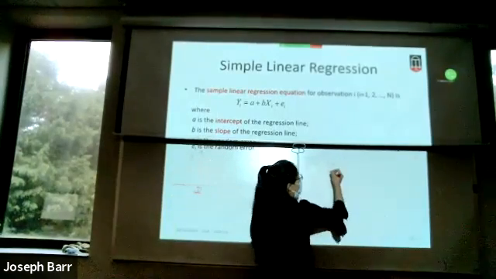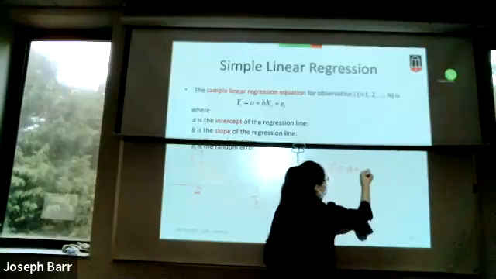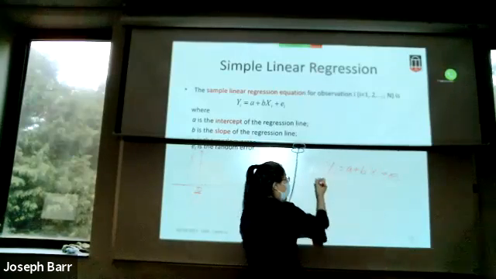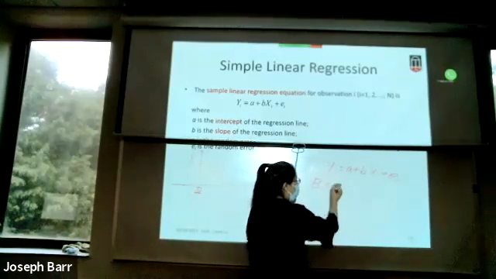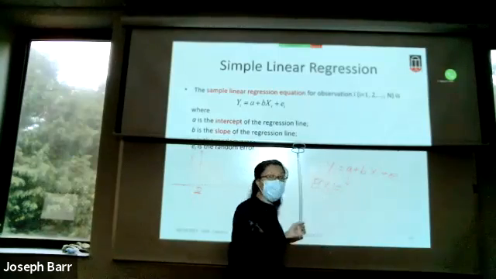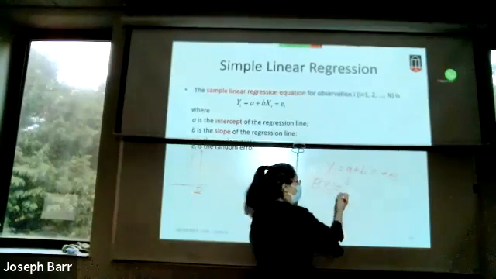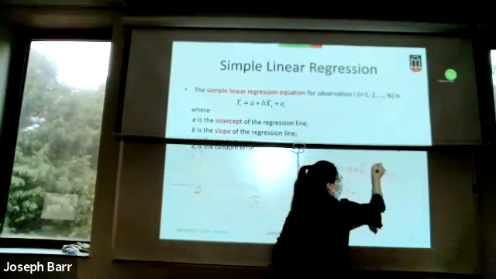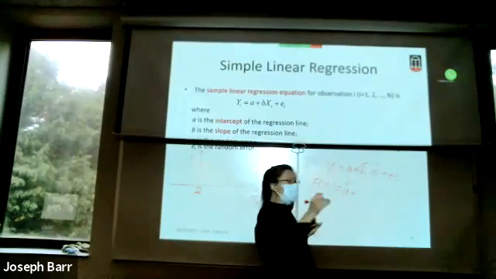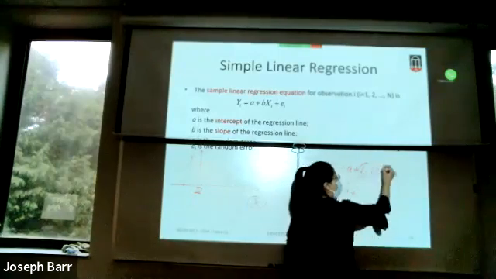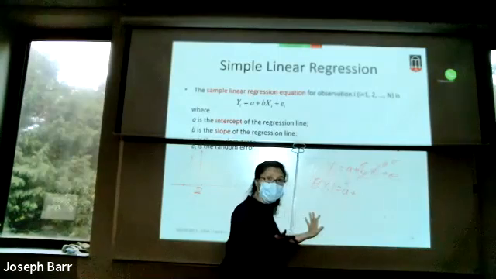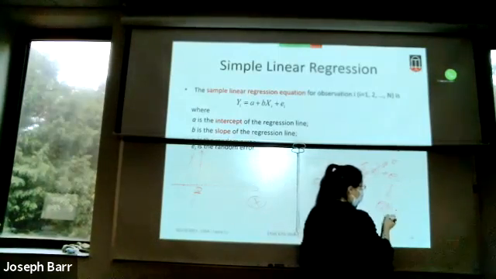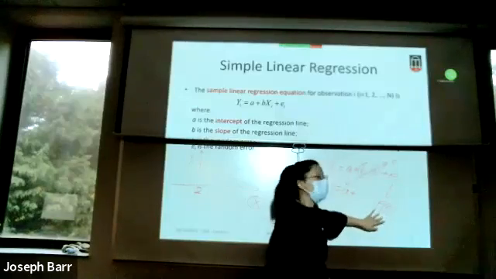So this is our original formula. If you take the expected value of y, A is a constant that follows the rules of expectation. The expectation of a constant is itself. When x is 0, this term becomes 0. Also, you need to know the expectation of the random error or the residual.